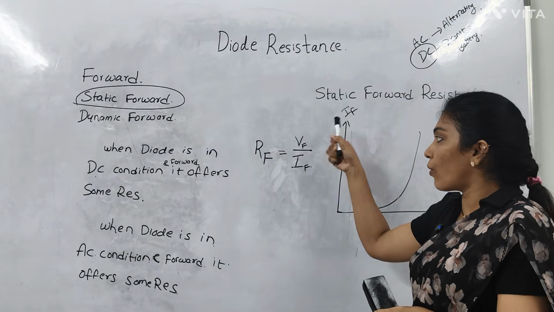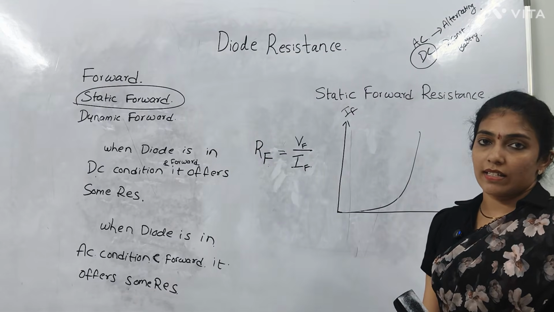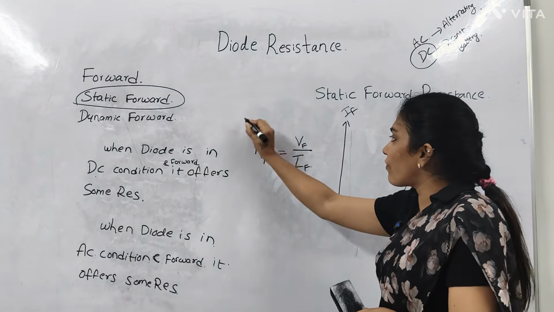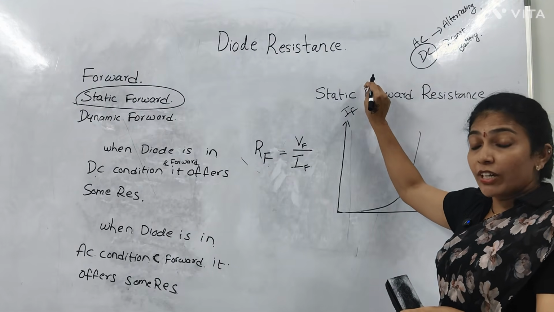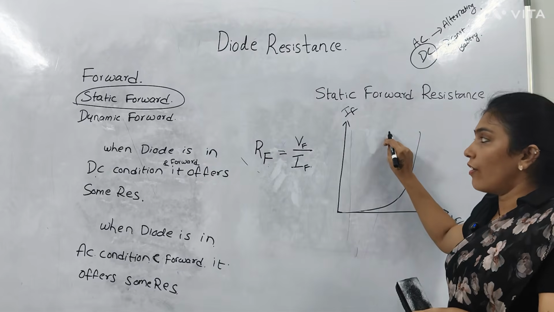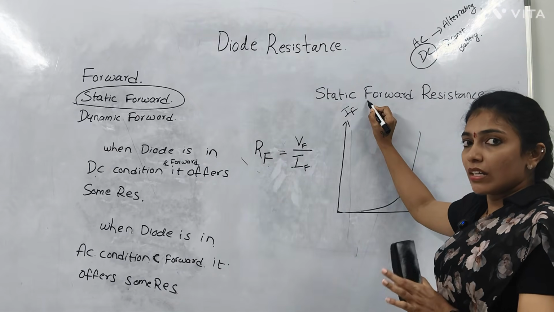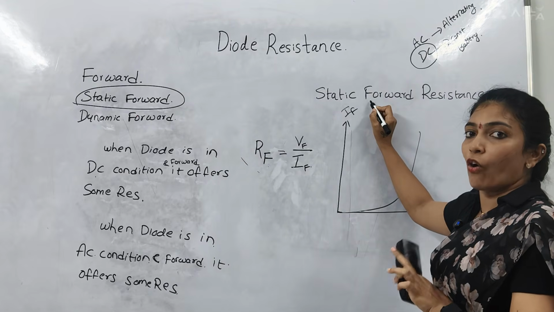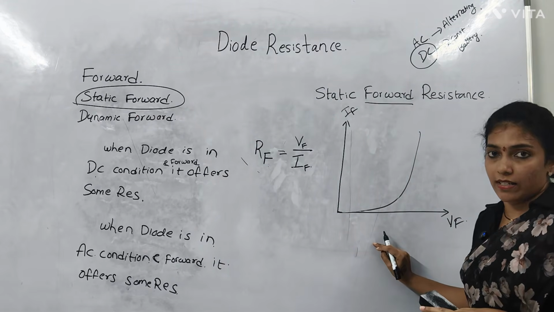The ratio of forward voltage to forward current is the resistance. This is the normal formula for static forward resistance, but we need to calculate it from the graph, the forward characteristics, since the topic is static forward resistance.